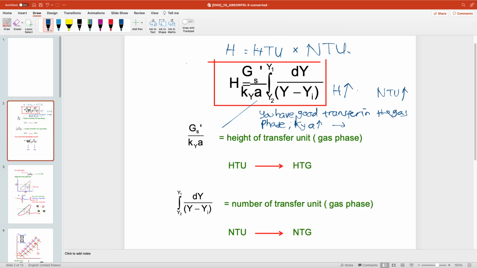Then the HTU, the height of the transfer unit, is going to be lower, so your height would also be lower as well.